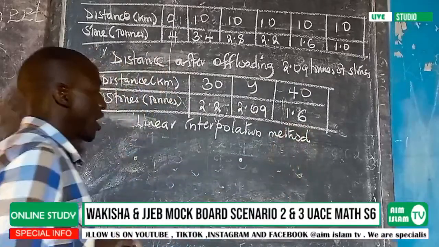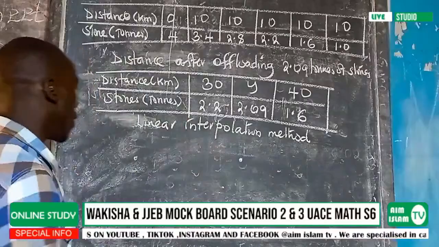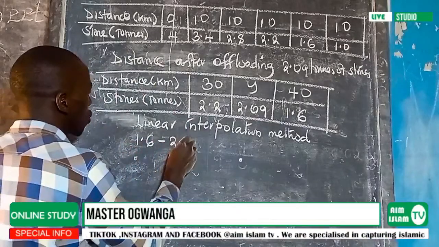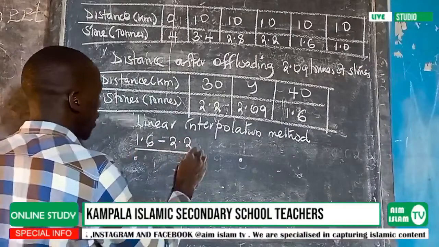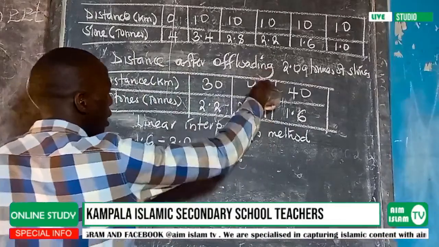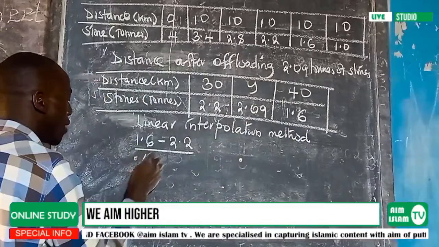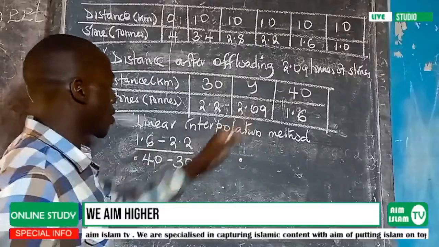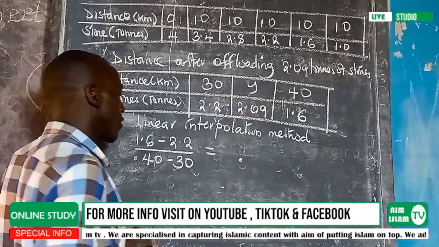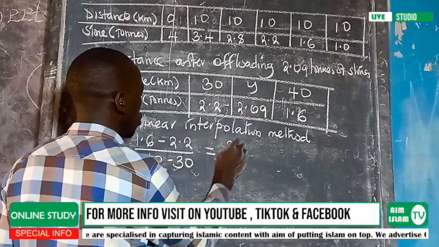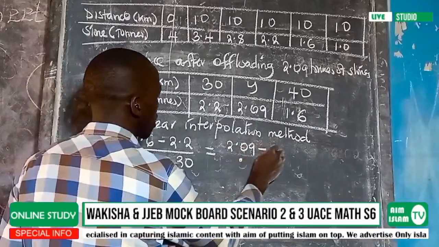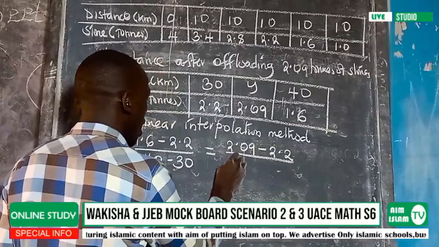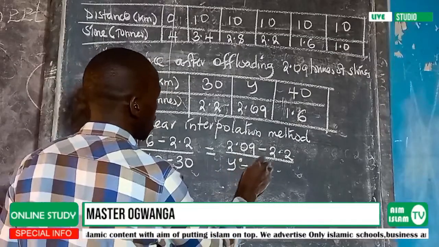So by the linear interpolation gradient method, here I'm going to say it is 1.6 minus 2.2 divided by 40 minus 30. We approximate it to the second values of y, which will be 2.09 minus 2.2 divided by y minus 30.